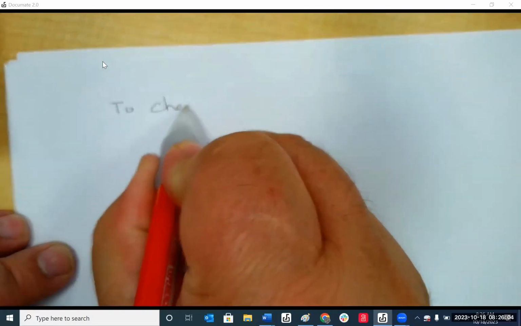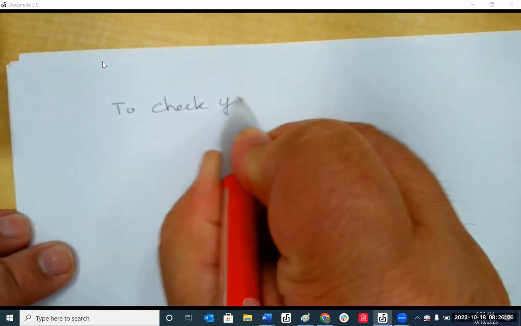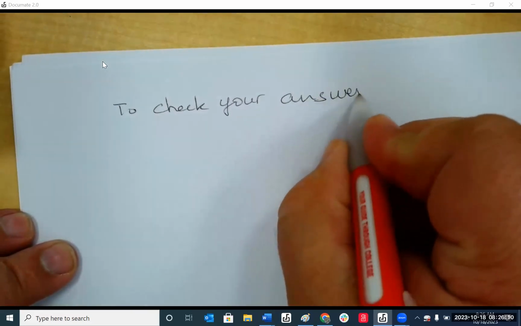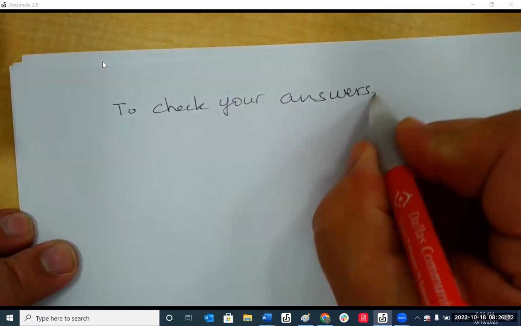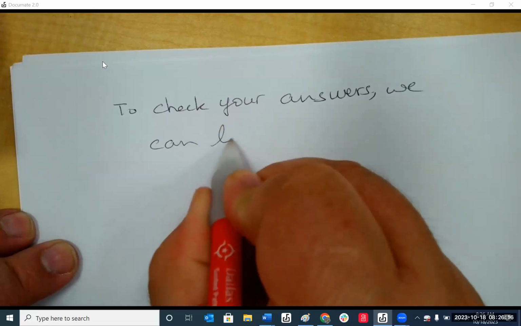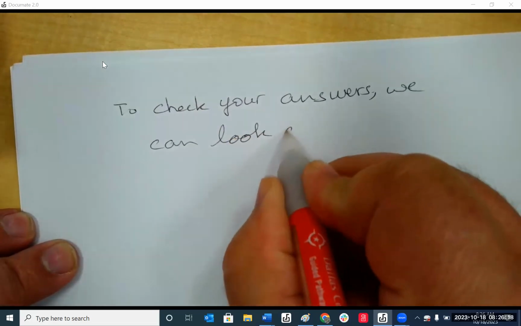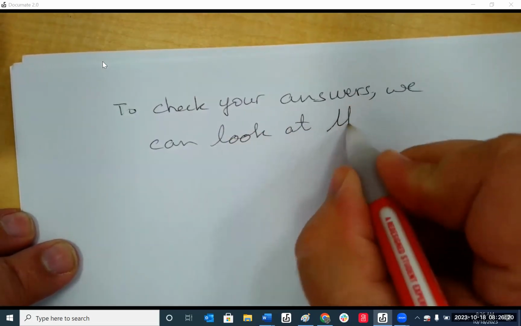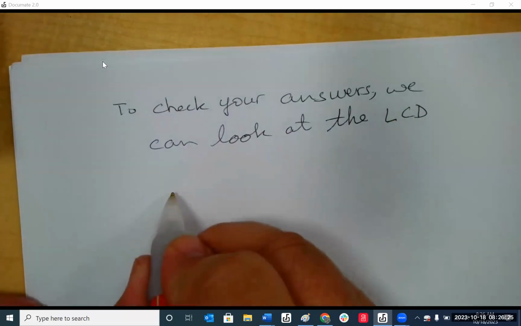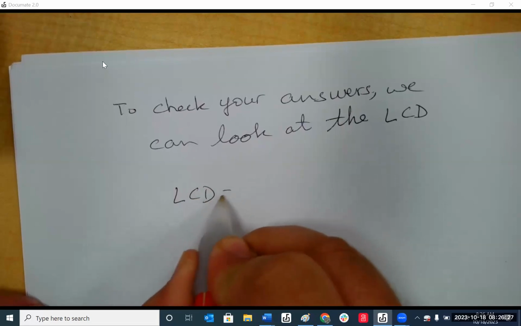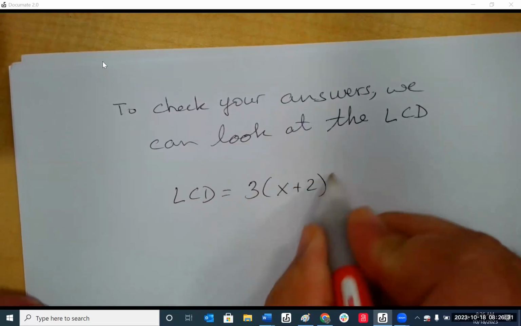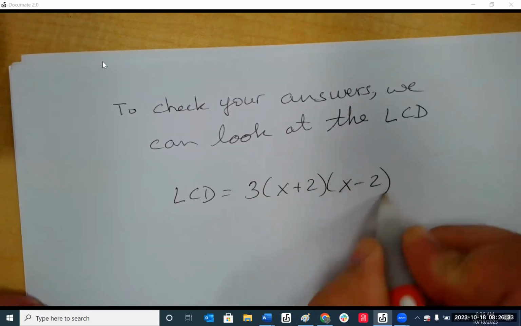To check your answers, we can look at the LCD. Our LCD was 3 times x plus 2 times x minus 2.